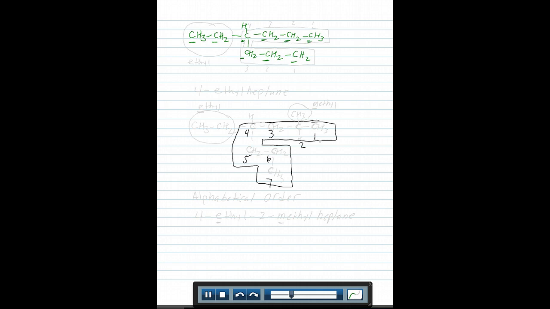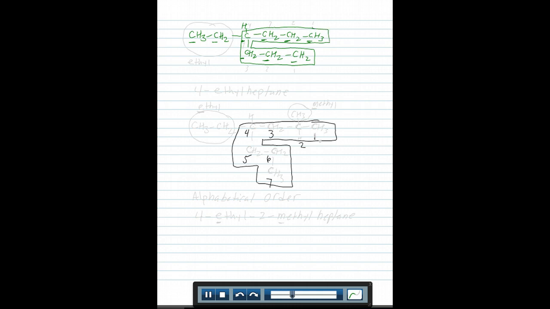Okay? That is a continuous chain. It's a carbon attached to a carbon, attached to a carbon, attached to a carbon, attached to a carbon, attached to a carbon, attached to a carbon. There are no breaks. Okay? If you have to jump over a carbon, that technically is not a continuous carbon at that point. Okay? So that is what's meant by a longest continuous chain. So this would be my longest continuous chain.